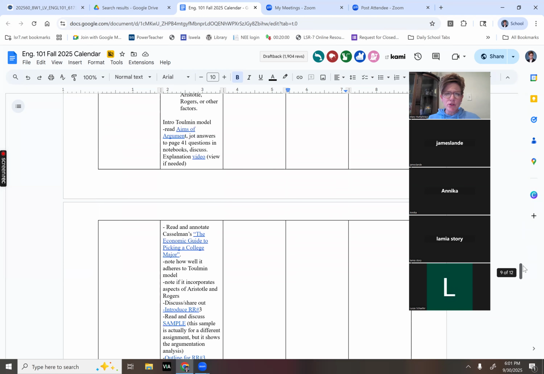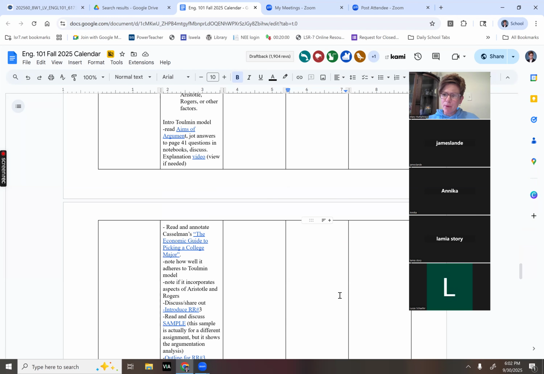Then, like I said, we will intro the Toulmin model of argumentation with a little bit of reading and a video. Then have a little reading for us to do where we will try to pick out all the examples of the Toulmin model of argumentation. Then we will intro the next reader response or the essay. I do have a sample to share with you. I was really digging like the last 30 minutes trying to find a different sample, but I couldn't find the one I was looking for.